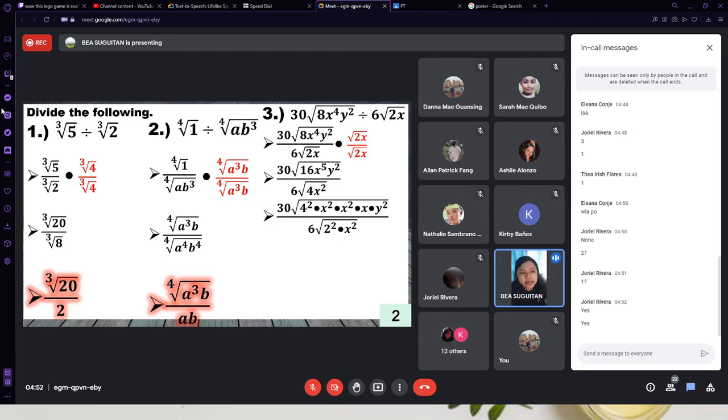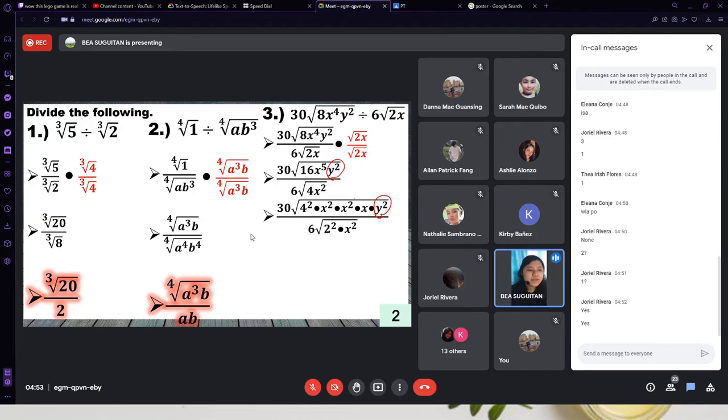Kumbaga, biniyak-biyak natin si x raised to 5. Bakit po? Since our index right here is 2, dapat po ang highest exponent ng ating radicals ay 2. So, biniyak natin yung 5 into x squared, and then x. Okay, so ganyan po ang ginawa natin kay x raised to 5. And since our y squared is already a perfect square, we just have to copy that.